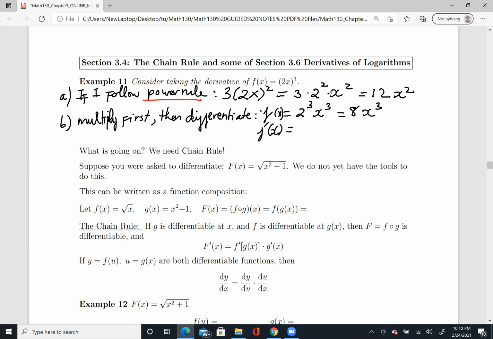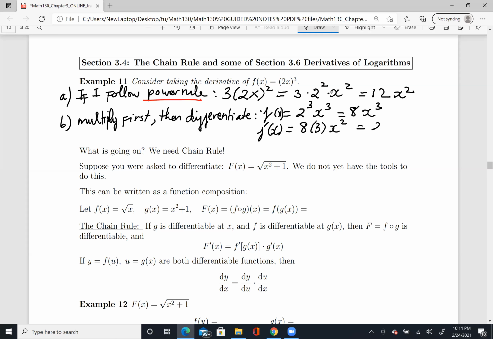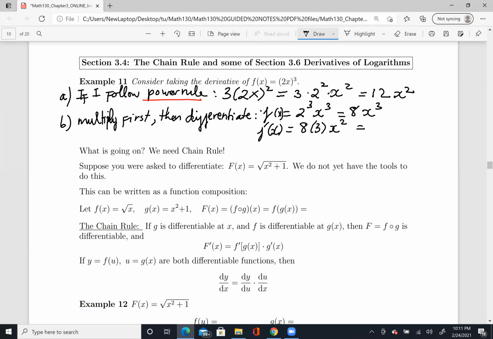That's going to be equal to 8 times 3 times x to the power 3 minus 1, equal to 2. And that's going to give me 24x squared.